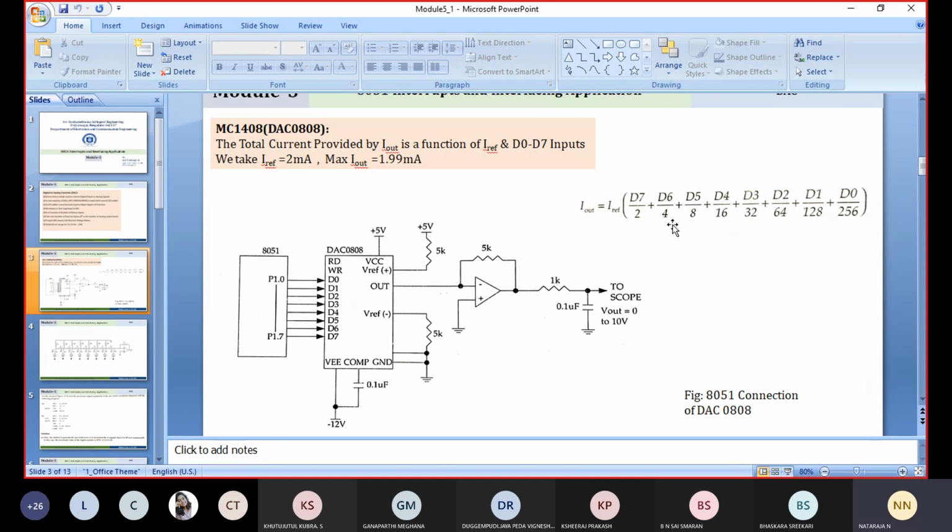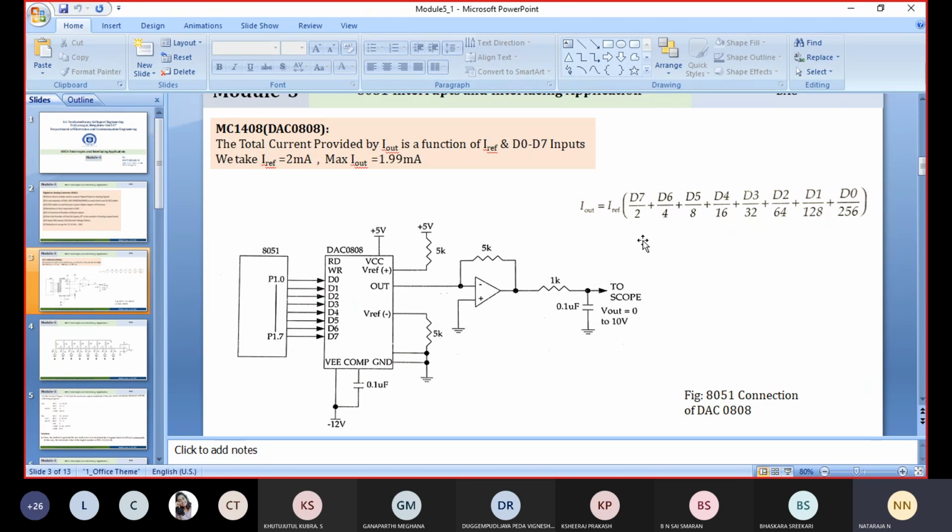See, we get this equation with respect to the R to 2R ladder. Solving the R to 2R ladder network in that much depth is not in your syllabus. You just have to know the relation. If you want, I have the solution and I will share it with you. You can go through it once. Or else in the next semester you are going to study this. You have it in the lab now, I think.